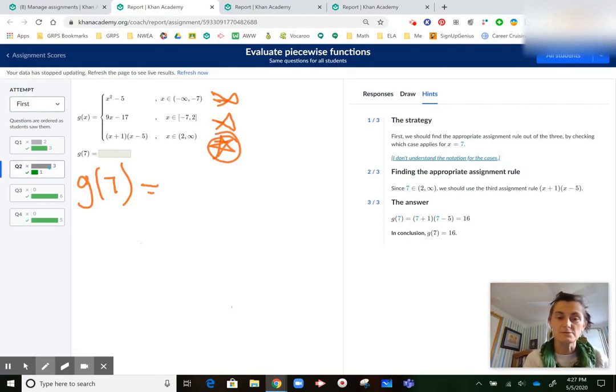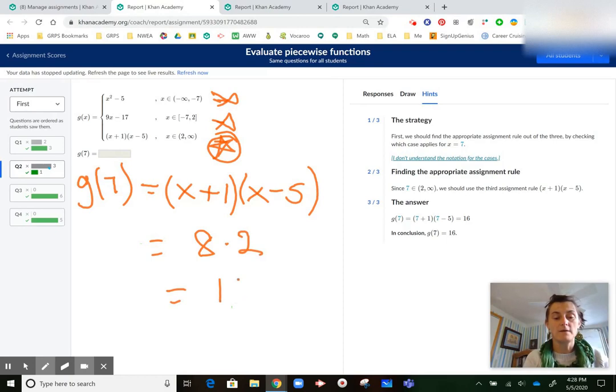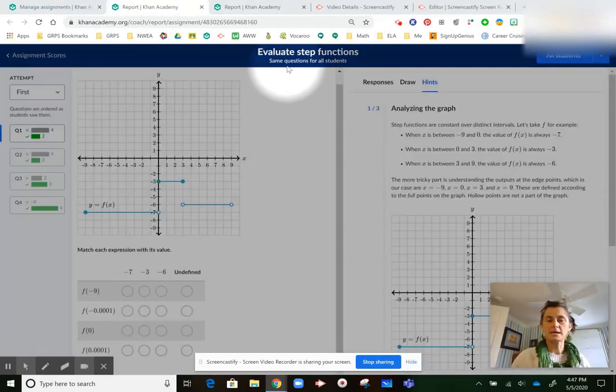Okay, so that's what we need to use. We're going to use that function, substitute this 7 in, and we are good to go. 8 times, what is it? 7 minus 5 is 2, so my value is 16. We're done. That's it.